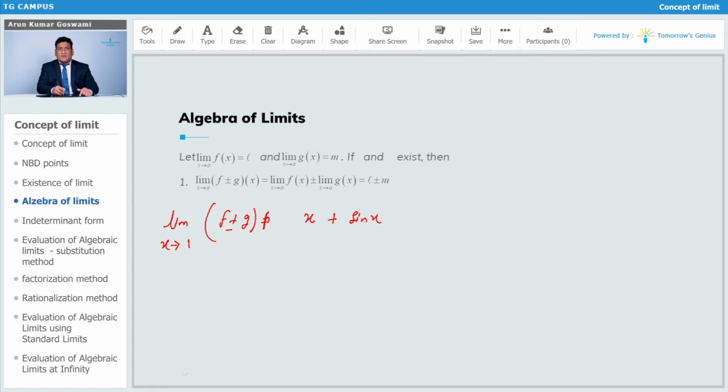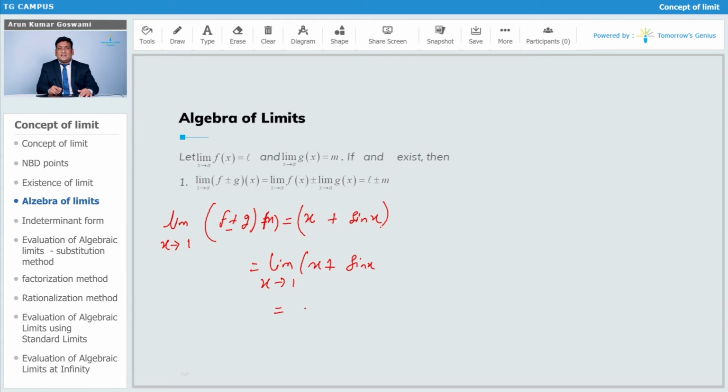This is my function, and I am applying the limit to it. I'm just taking this as an example, guys: limit x tends to 1 of x plus sine x.